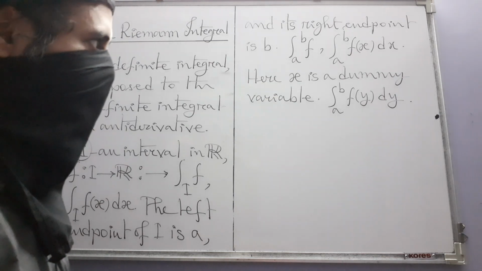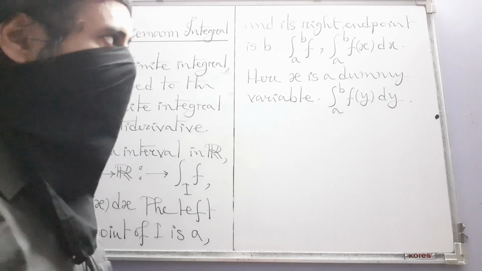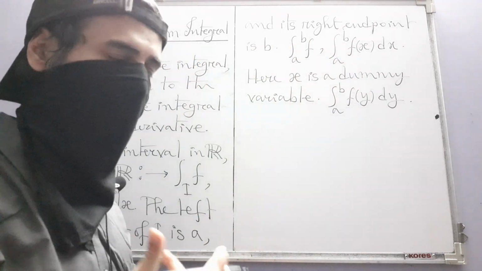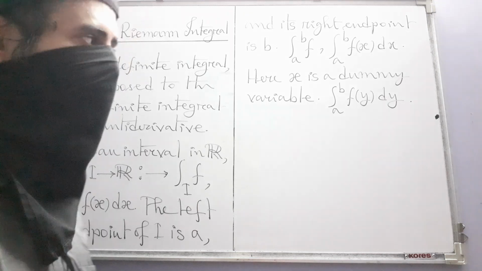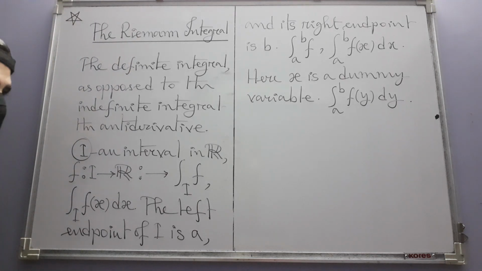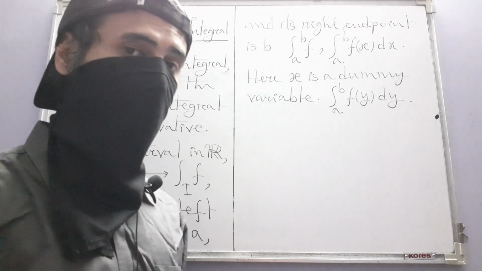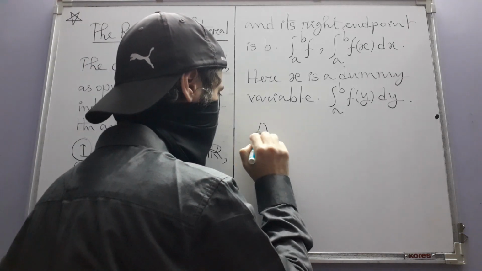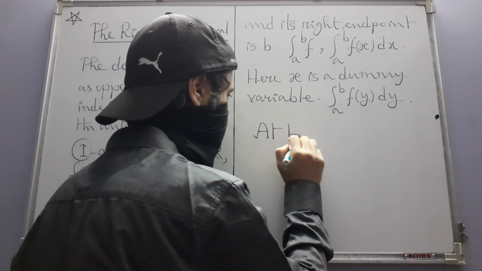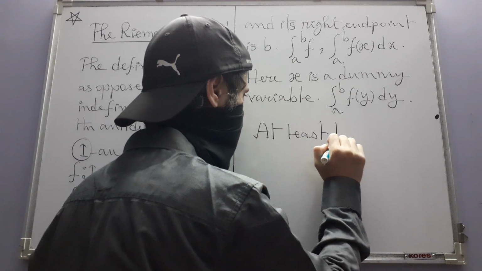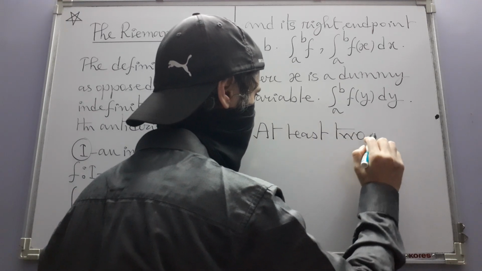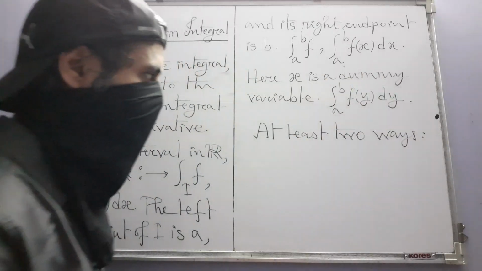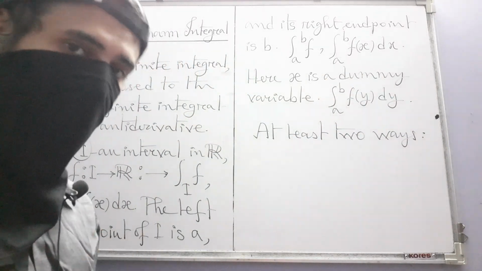Alright. Now it turns out that the task of defining this integral is a little delicate. Okay. And there are at least two distinct ways of doing this. At least two. That means there are more, actually there are more.